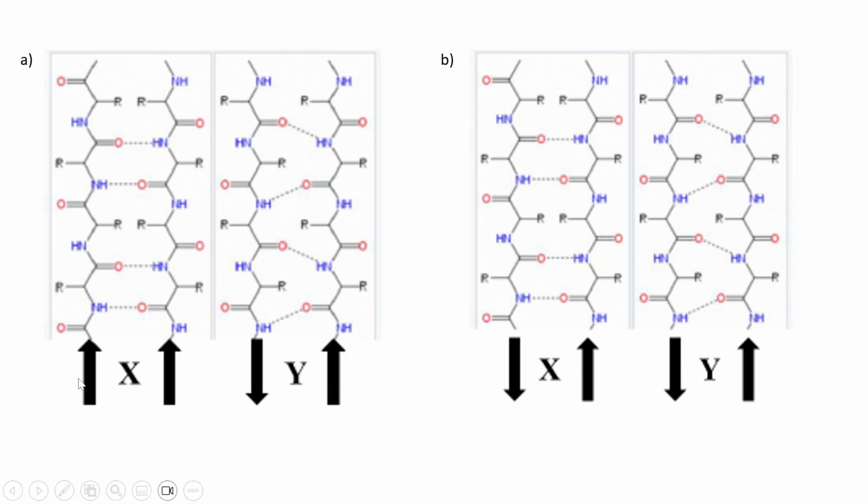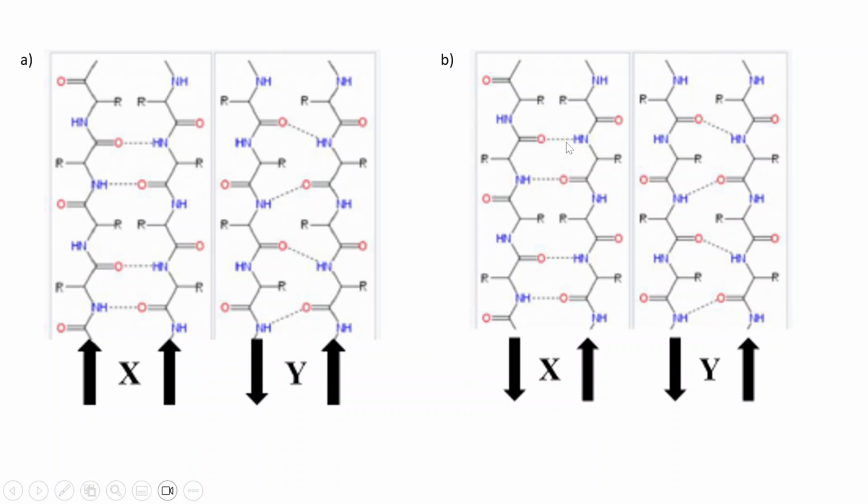But here it is showing it is parallel. So this is wrong. Since they are making the hydrogen bond with the same amino acids, it is anti-parallel actually. If you see here, it is the opposite. The hydrogen bonds are not with the same amino acid, and they have shown it to be anti-parallel, whereas this should have been parallel.